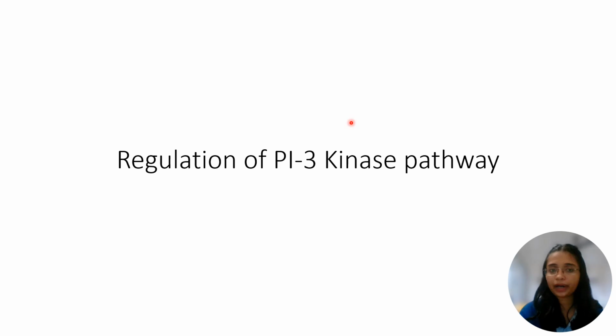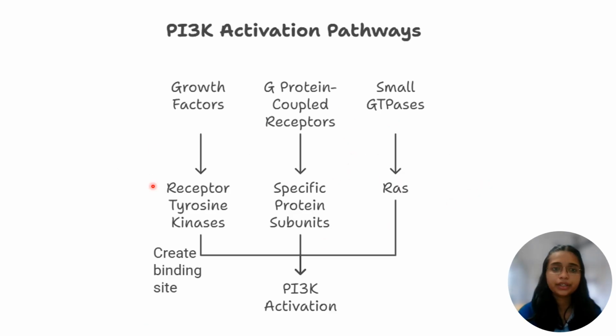Now the third pathway is the PI3 kinase pathway. Let's see its regulation. Here in this slide, we can see that the PI3K pathway can get activated by various mechanisms and various proteins. When a growth factor binds with the receptor tyrosine kinase, it can activate the PI3K pathway.